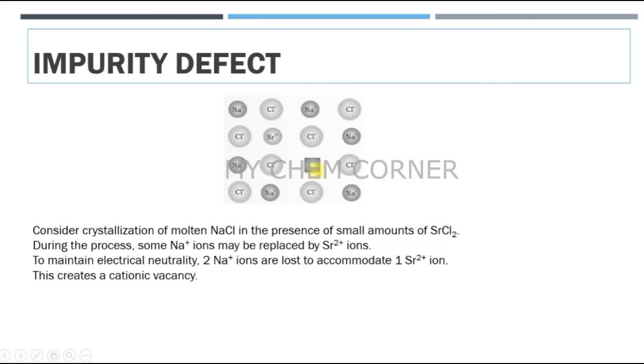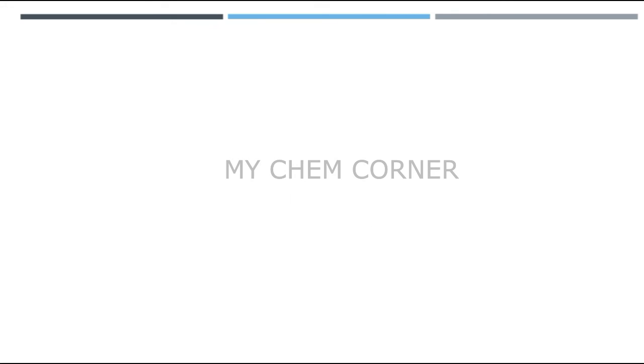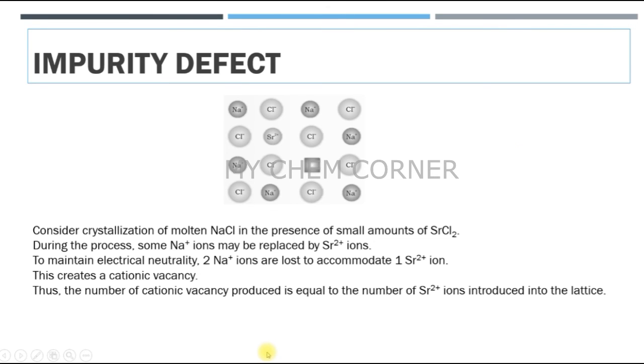Now when you do that, there is a cationic vacancy that is observed. Right? One of the sodium sites is occupied by Sr2+, but the other place is going to be vacant, and that is going to be a cationic vacancy. So in this case, the number of cationic vacancies produced is equal to the number of strontium ions that are introduced.